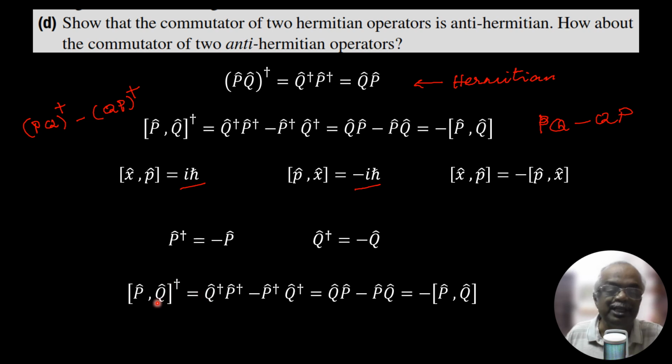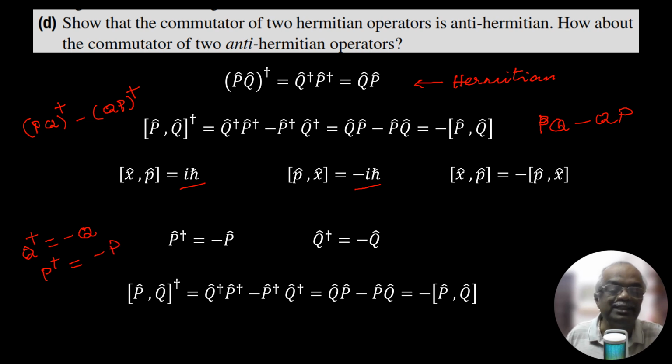First, the order gets reversed, and you will get Q†P†. Remember that Q† is minus Q and P† is minus P. You have to keep this in mind.